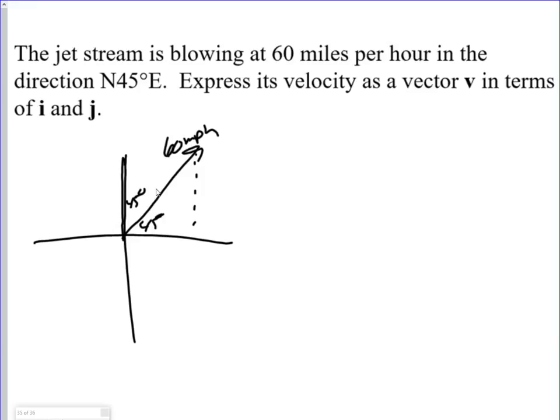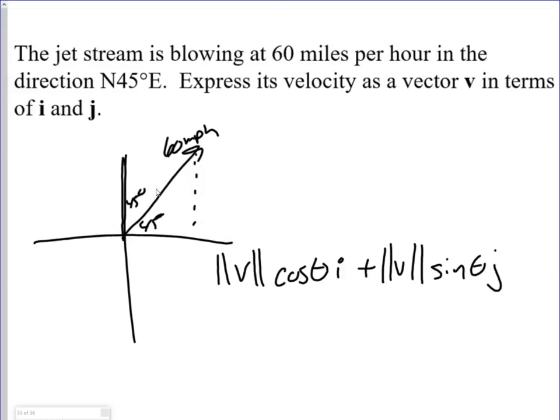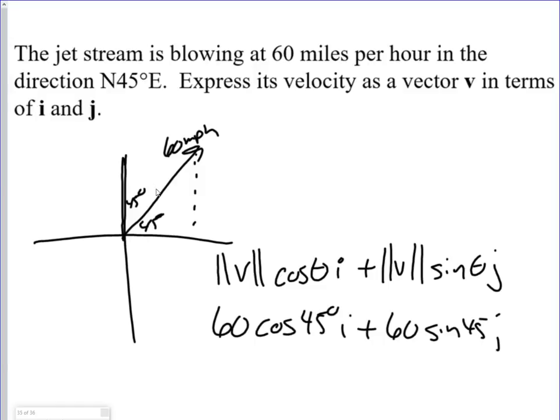Someone give me the formula. What was it? It was the magnitude times cosine theta i plus the magnitude times sine theta j. So, what's my magnitude? 60. What's my angle? 45. Does that make us done?